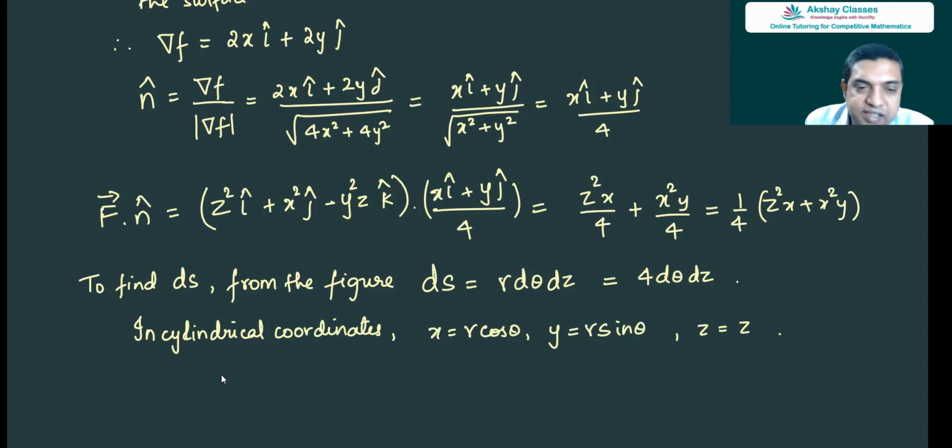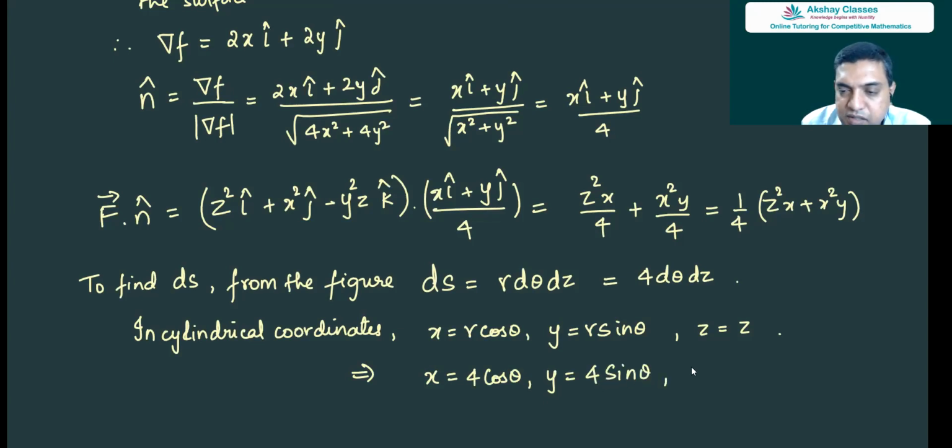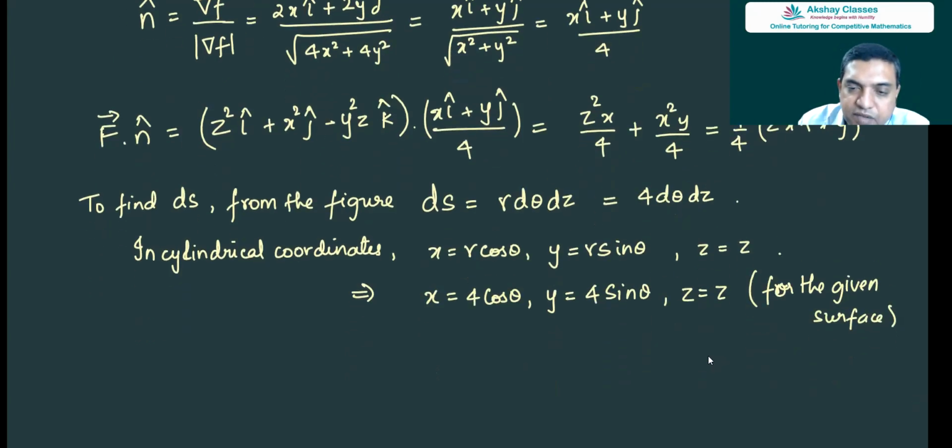The polar conversion doesn't take place for z. Now in this particular case, because we are doing a surface, r is fixed at 4 for the given surface.